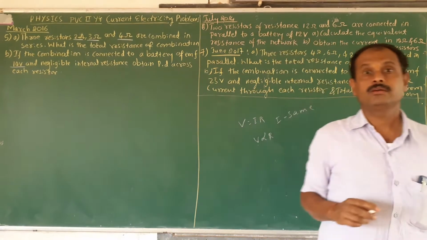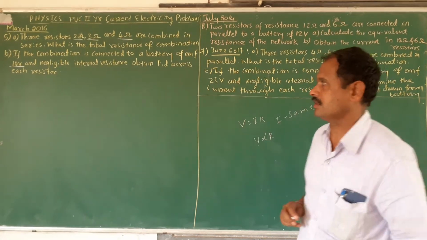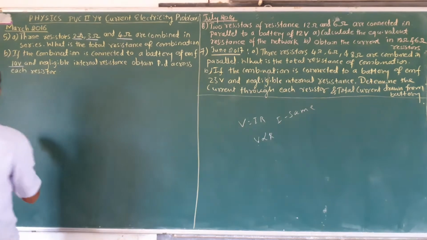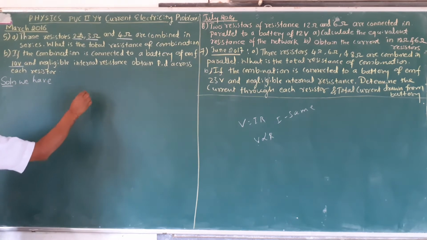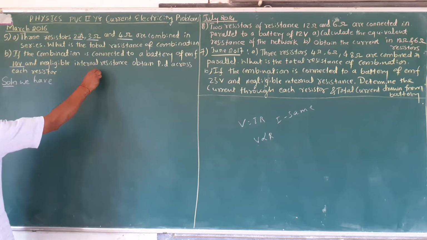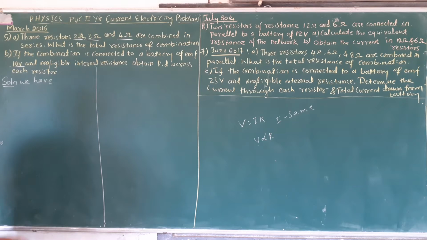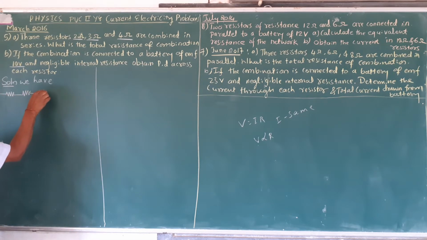First you calculate the potential drop across each resistor. First you have to draw the circuit. This is the series combination: one resistor, another resistor, another resistor. The combination is connected to the EMF source, and the internal resistance is 0.